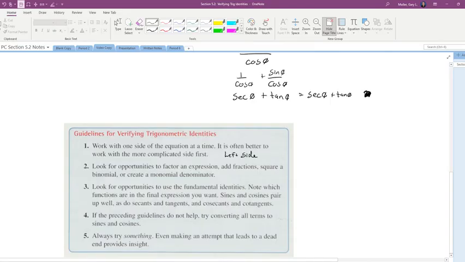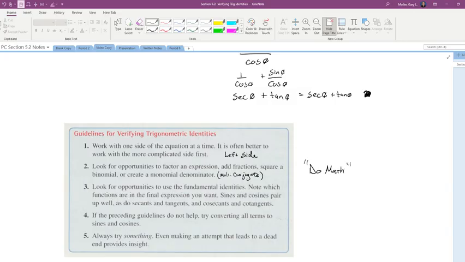Number two, look for opportunities to factor an expression, add fractions, square a binomial, or create a monomial denominator, i.e., that means multiply by the conjugate. So if you summarize that statement, it's basically saying, do math. If there's math to be done, adding things, factoring things, simplifying things, then go ahead and do that.